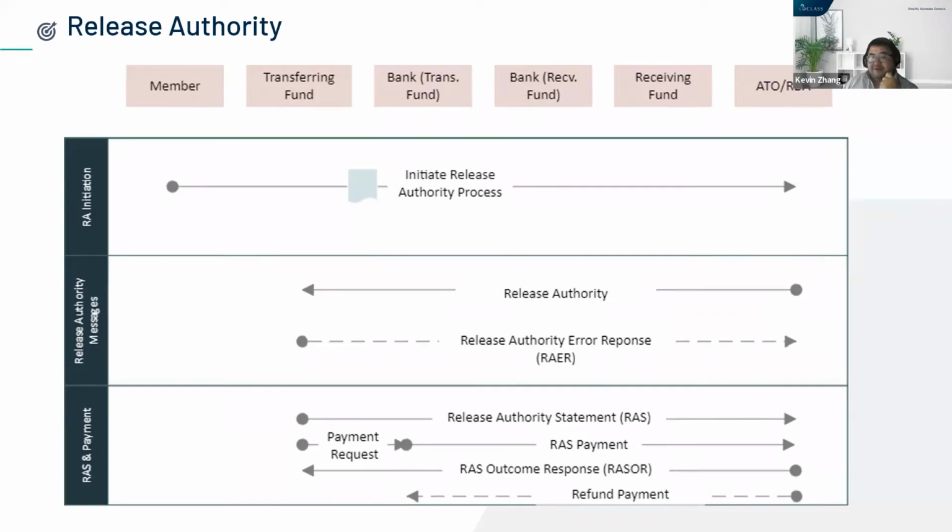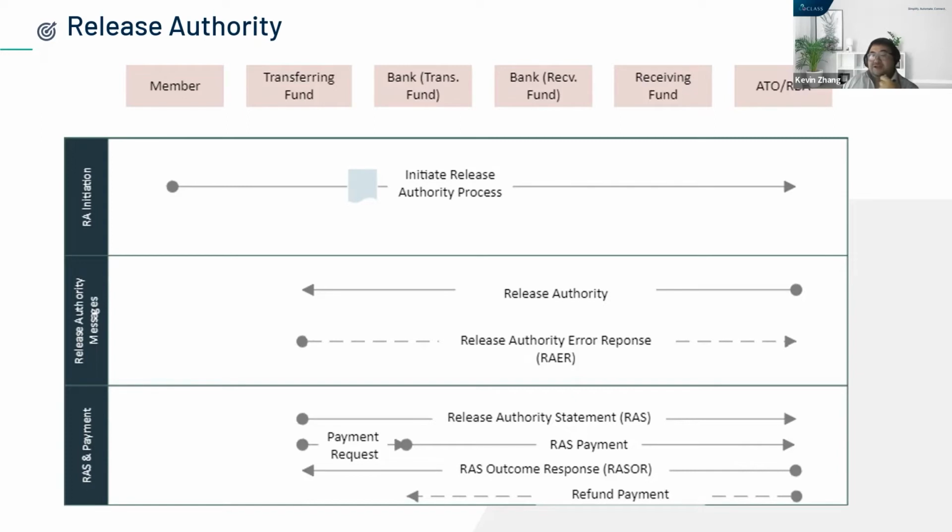Now, if there are errors, the transferring fund can reject the release authority, and you will get the release authority error response message back to the ATO. If the transferring fund, being the self-managed fund, is happy with everything coming from the ATO, then it's very, very important they make the payment, coordinating with the trustee member, transferring the money to, usually, the Reserve Bank of Australia bank details, using the payment reference number from the release authority, and then confirming the payment in the same process.